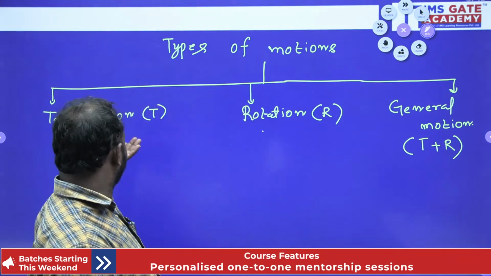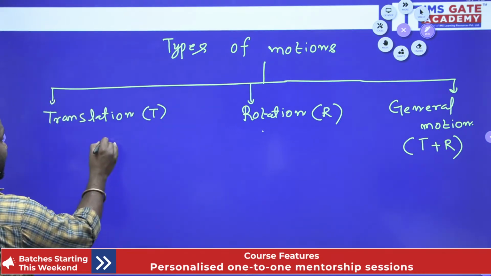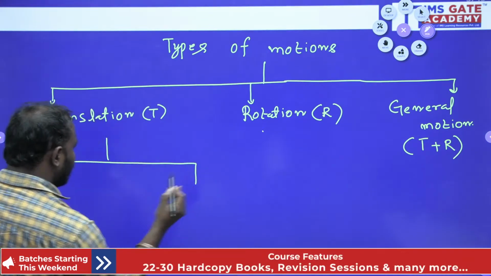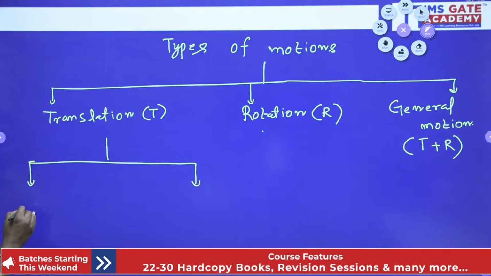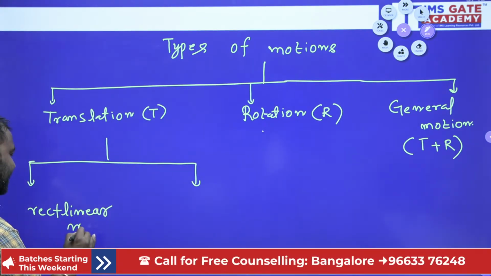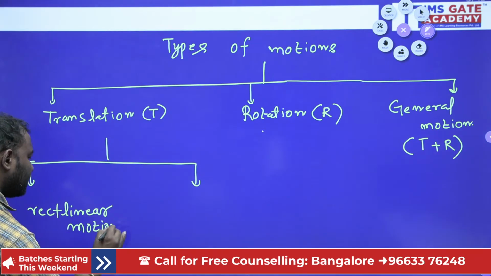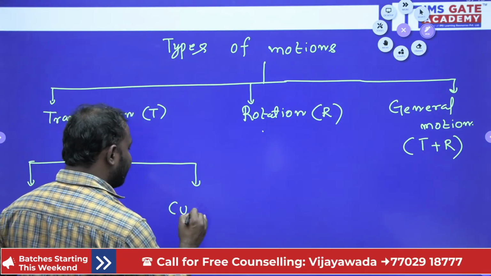Translation is again divided into two categories. The first one is rectilinear motion, and the second one is curvilinear motion.